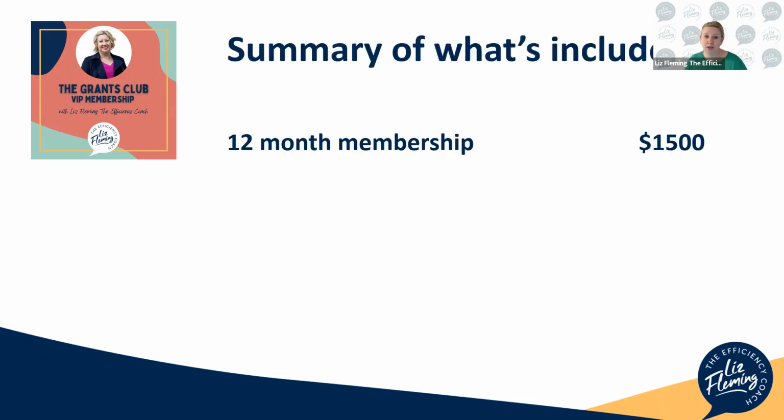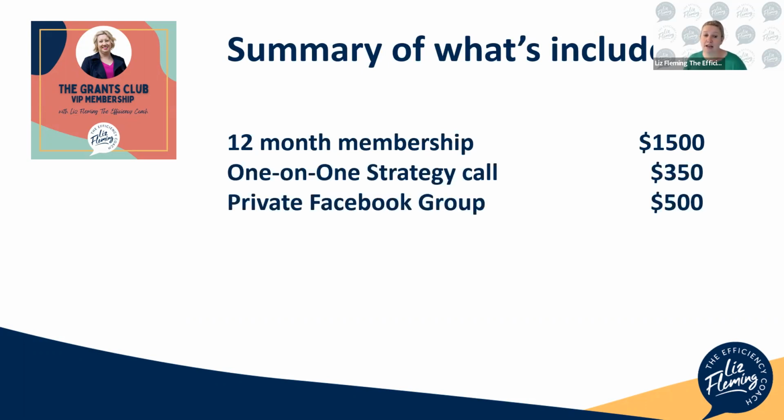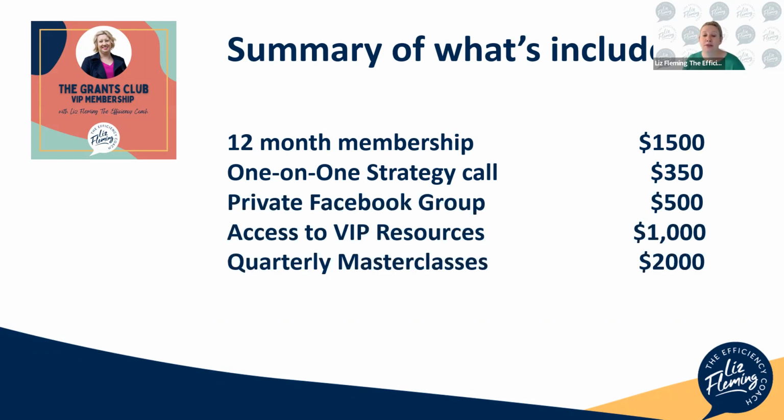So, a summary of what's included: a 12-month membership, a one-on-one strategy call with me, and the private Facebook group where I will share grants, tips, and information, and you'll also be in there with like-minded businesses that are in that growth phase as well. Access to VIP resources, and the quarterly masterclasses are completely included in the membership as well.